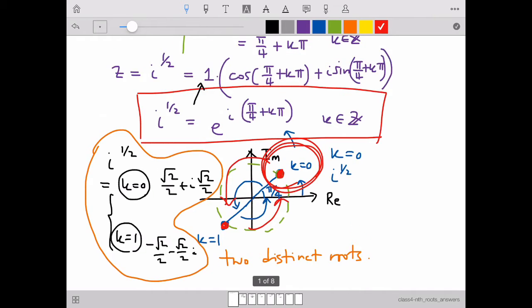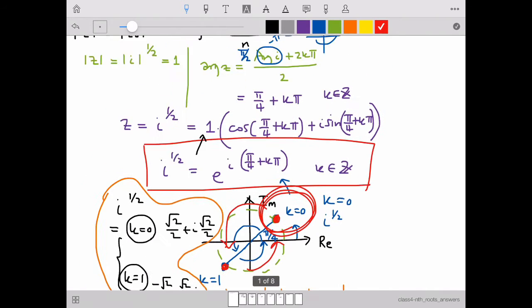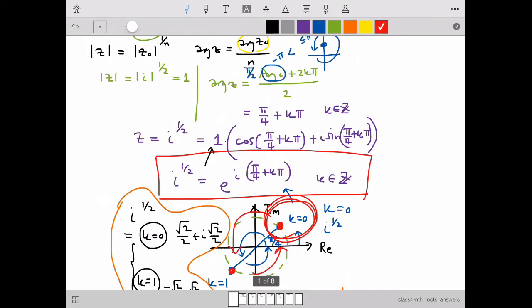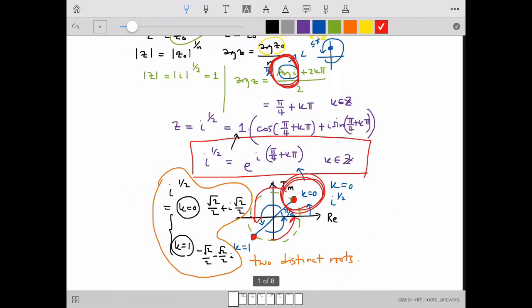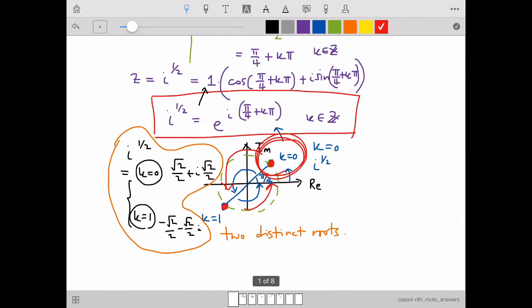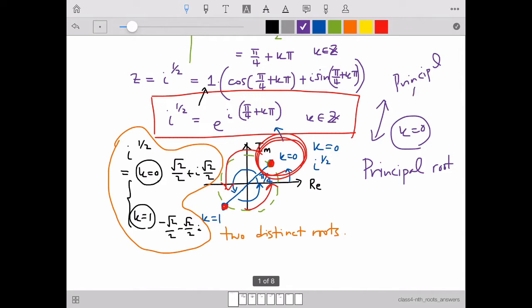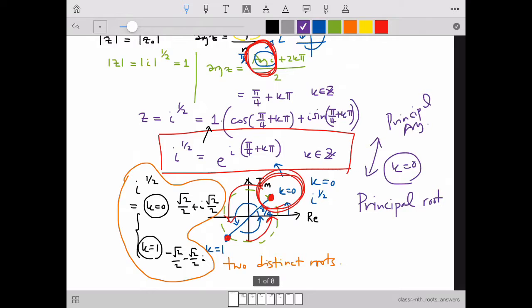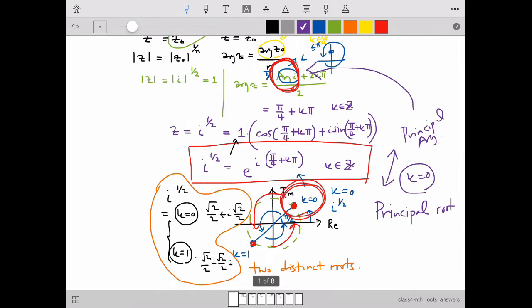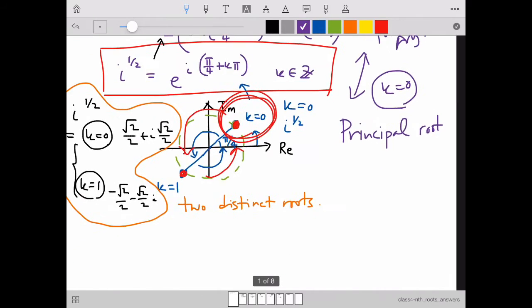Especially when k is 0, we get it from the principal argument. Therefore, when k is 0, we call that the principal root. We get that from the principal argument, so it is called the principal root.